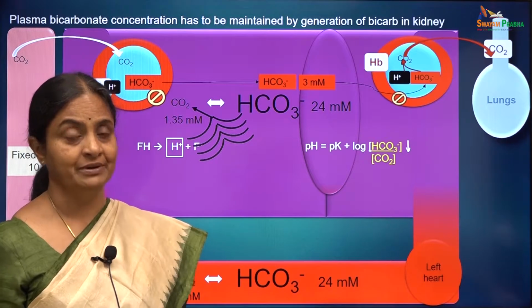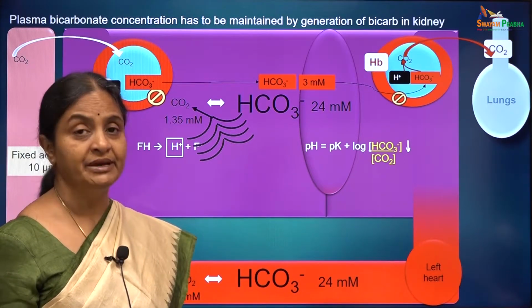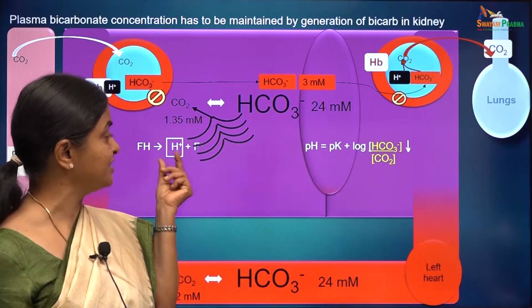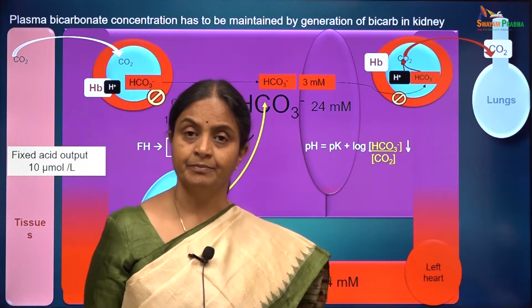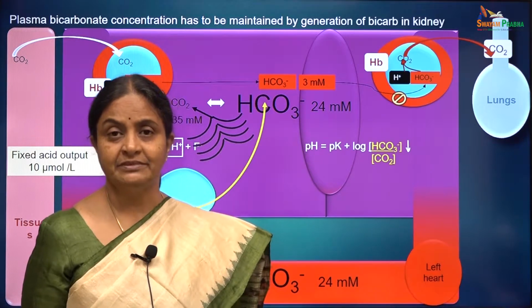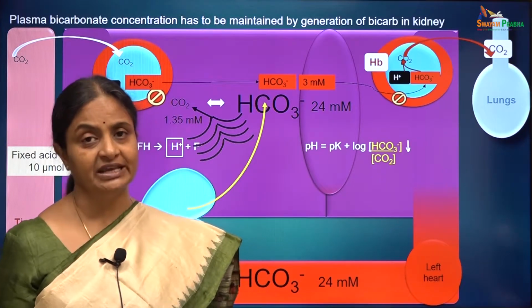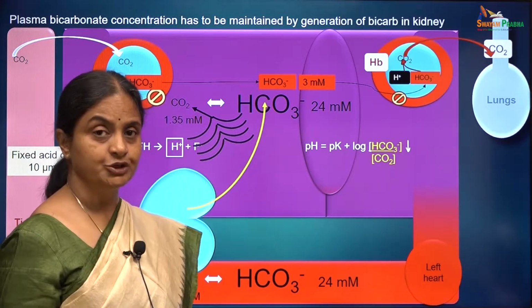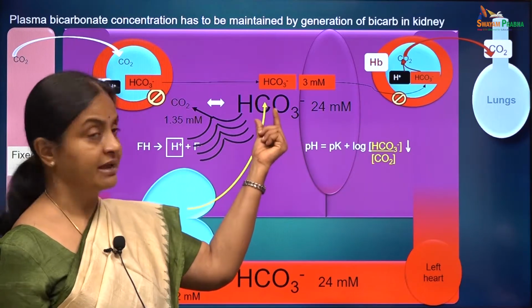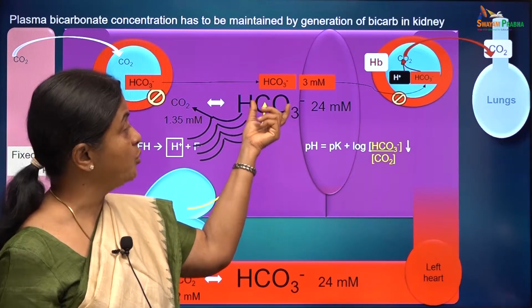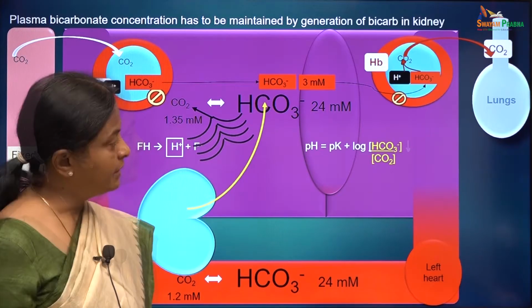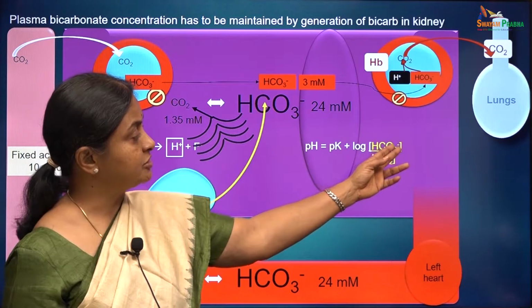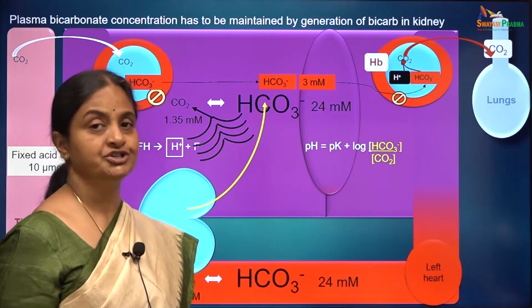This does not happen because whatever bicarbonate is consumed by the protons of the fixed acids is replaced by the kidneys by a mechanism that operates in the distal tubule of the kidney. The distal tubule generates bicarbonate and replaces whatever is consumed by the fixed acid protons, and therefore the bicarbonate concentration of plasma does not change.